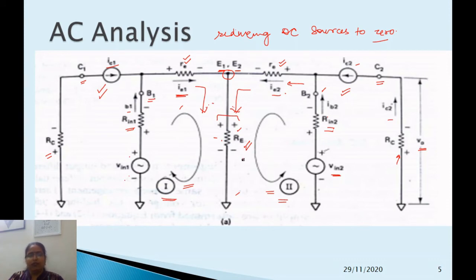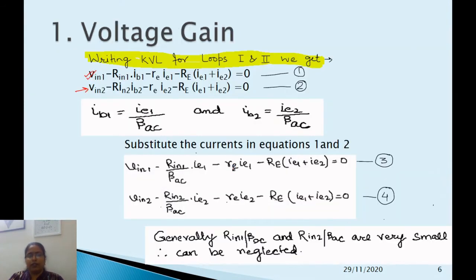So writing the KVL for these two loops, we will get these two equations written as 1 and 2.